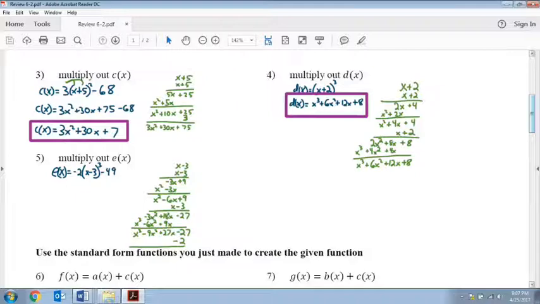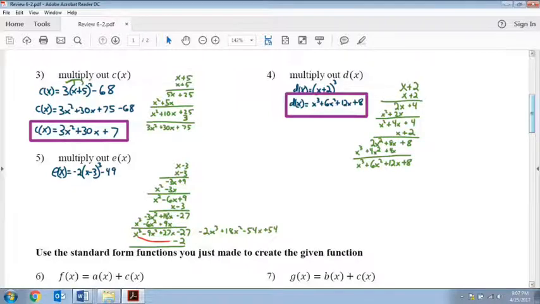Negative 2 times x cubed is negative 2x cubed. Negative 2 times negative 9x squared is positive 18x squared. Negative 2 times 27 is negative 54x. And negative 2 times negative 27 is positive 54.